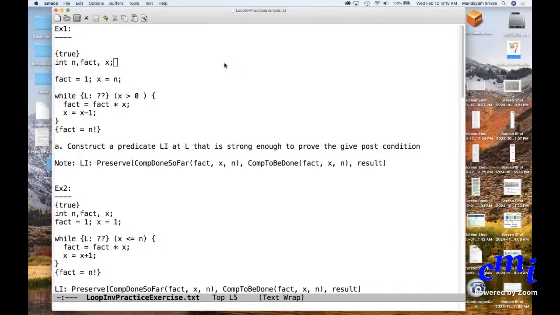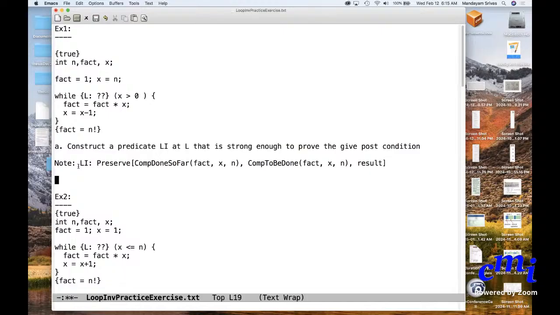Okay, so what Lucky is saying is, fact is the partial result, times x factorial is equal to n factorial. Correct? Is that what you meant? Yes, sir.